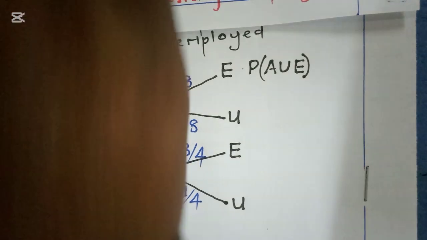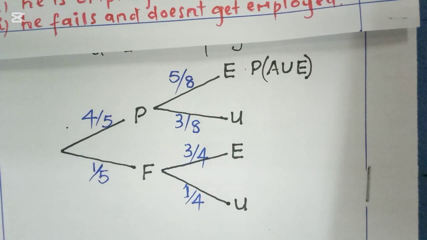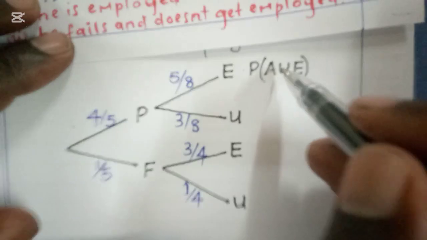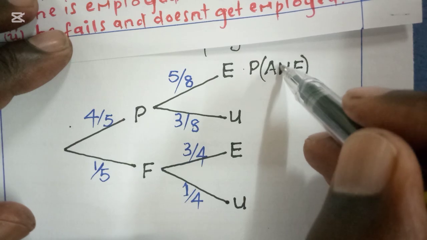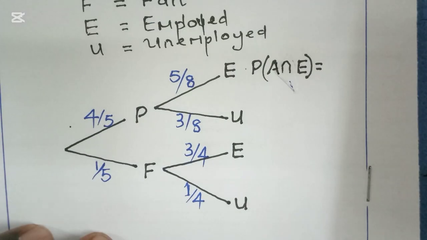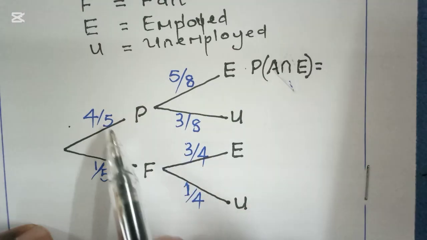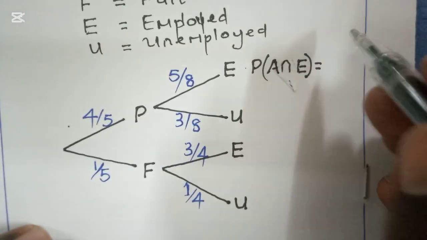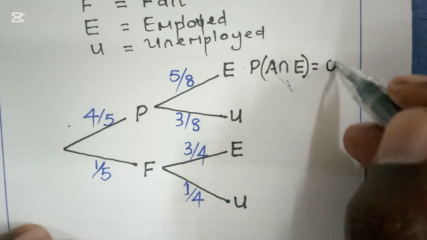It's actually supposed to be written like this, not like that. So 4/5 times 5/8 will give us 0.5.